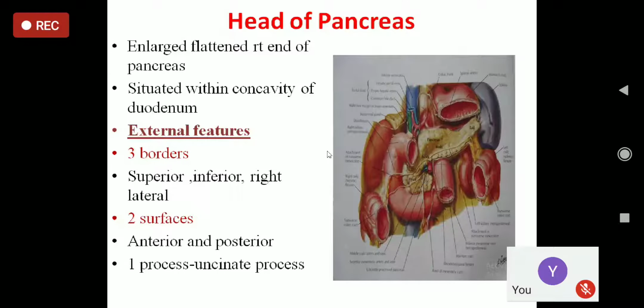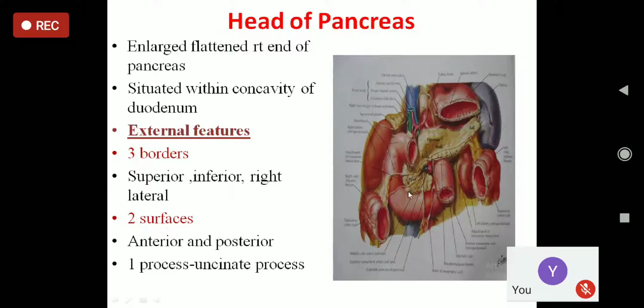The external feature of the head is that it consists of three borders and two surfaces. The three borders are the superior border, the inferior border, and the right lateral border.